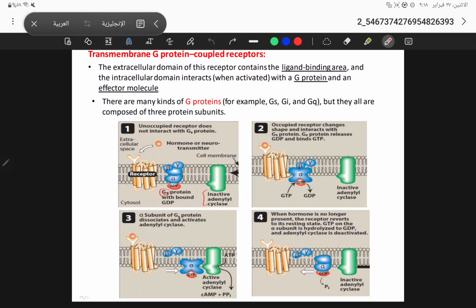Okay? So if I have GS, it is related to the activation of adenyl cyclase, as we will go through in the types of receptors.